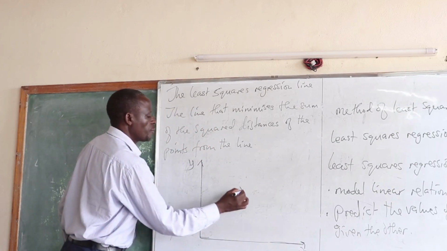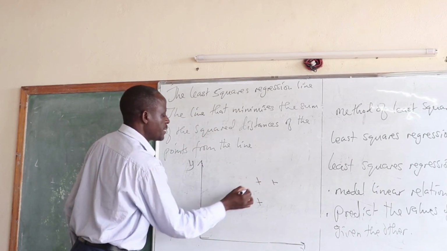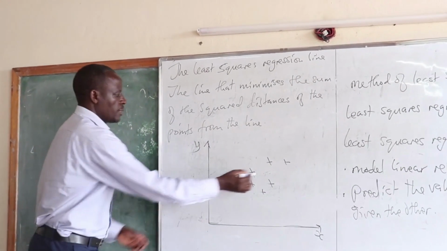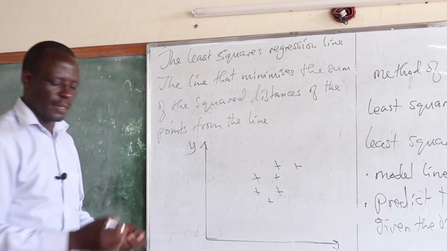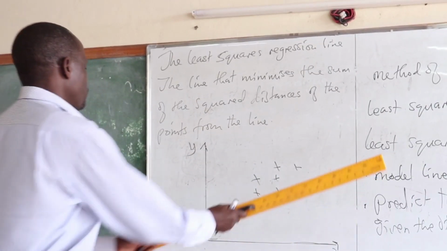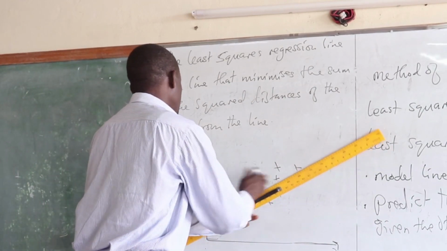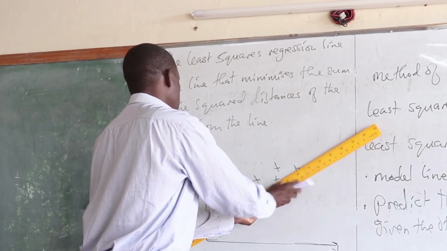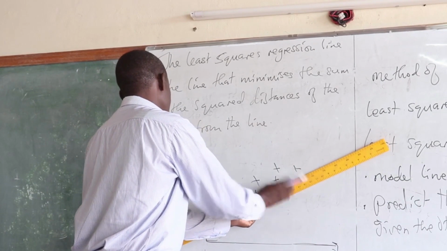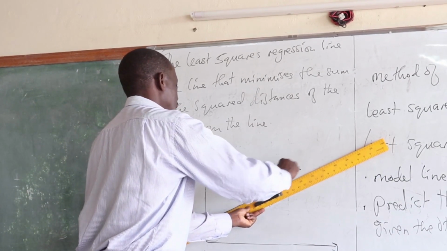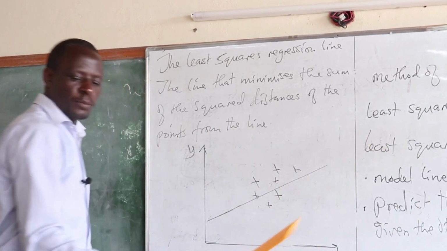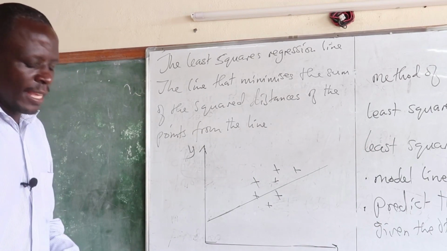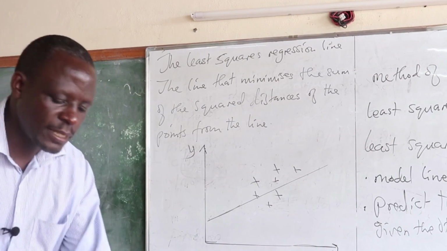If you come up with the data points on your graph, and then you fit in a line, a straight line describing the relationship between these two variables, there could be several lines.